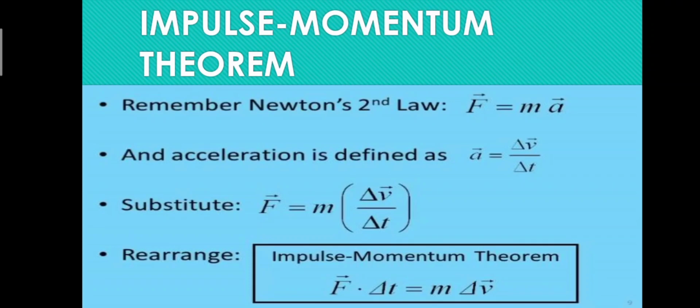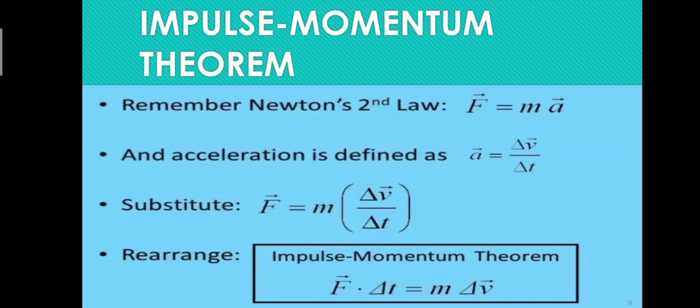Next, substitute the definition for acceleration. Acceleration is defined as a equals change in velocity over change in time. Since Newton's second law is F equals m times a, now let's substitute the acceleration: F equals m times change in velocity over time.